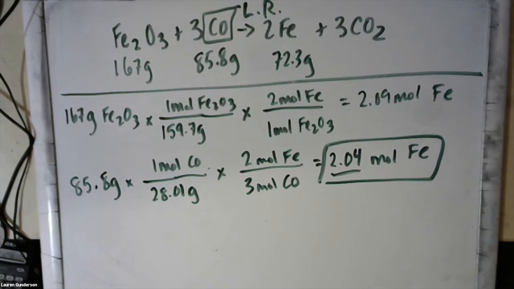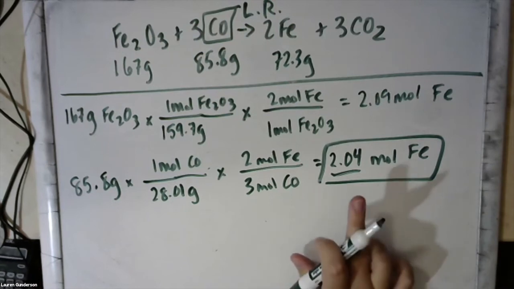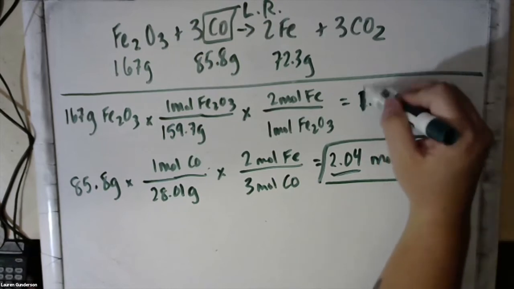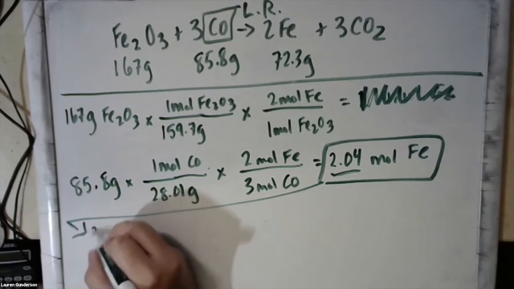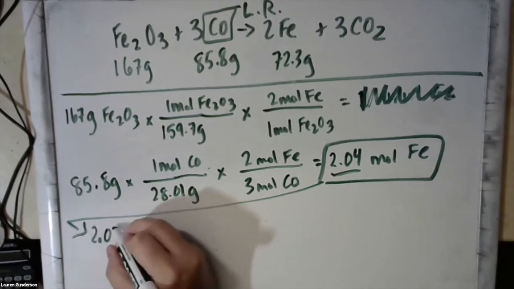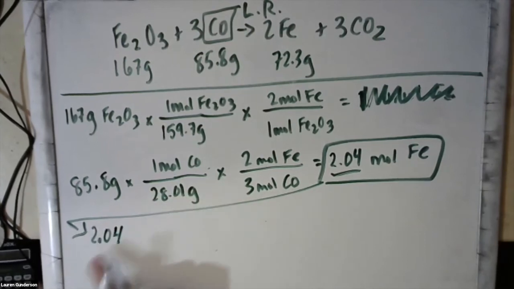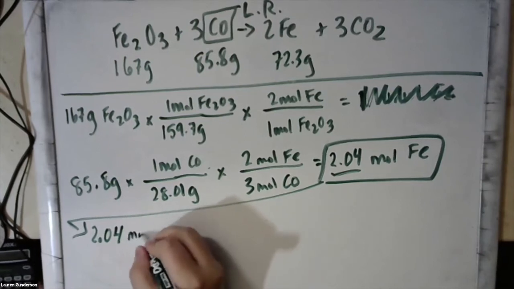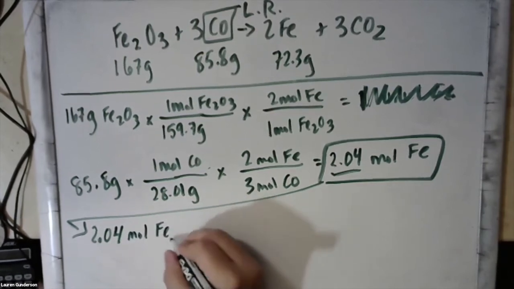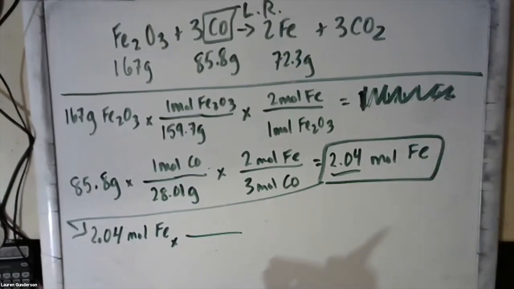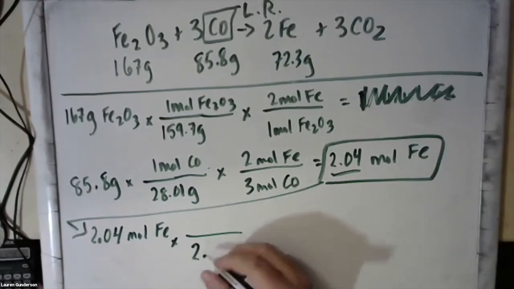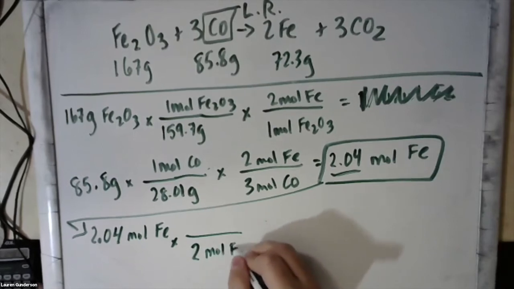So why don't we find that excess amount first? So we'll take our theoretical yield value. Remember, the larger number is garbage. So we'll take our theoretical yield value, and we're going to see how much Fe2O3 we used up to make our 2.04 moles of Fe. Okay, we're going to use our balanced equation ratio to convert from moles of Fe to moles of Fe2O3.